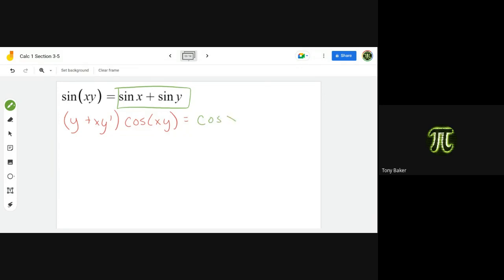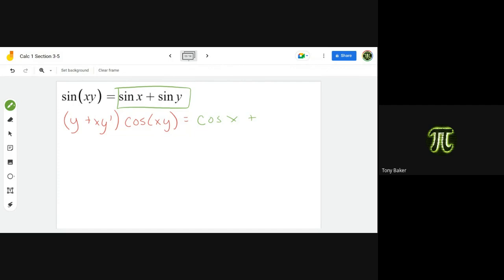Cosine x. What's the derivative of sine y? Cosine y, y prime. Yes.